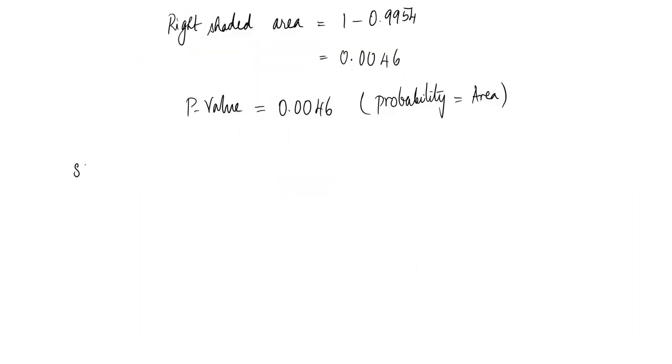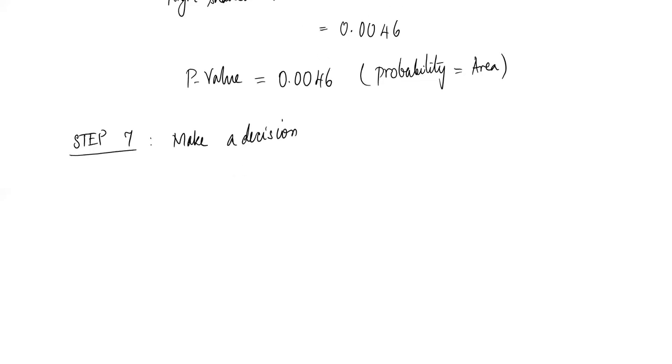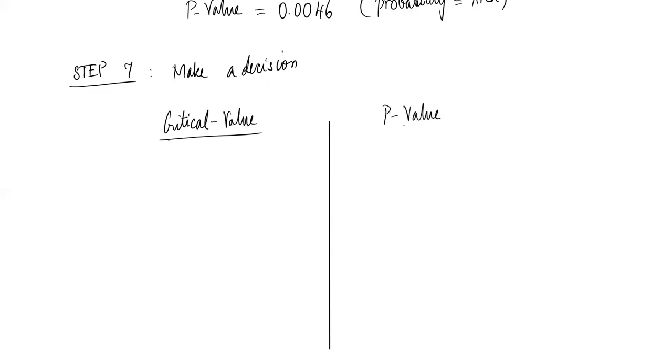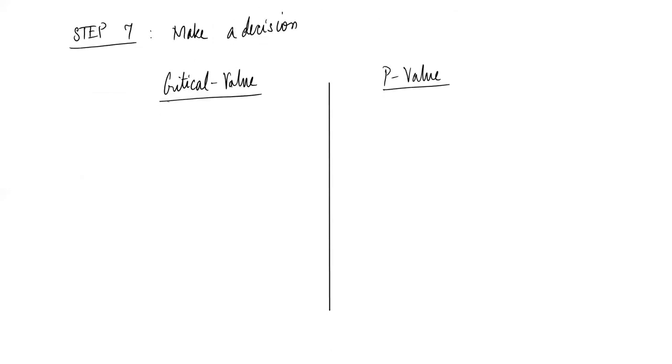Now we go to step 7, which is make a decision. So for this, I'm going to create 2 columns. Critical value and the p-value.